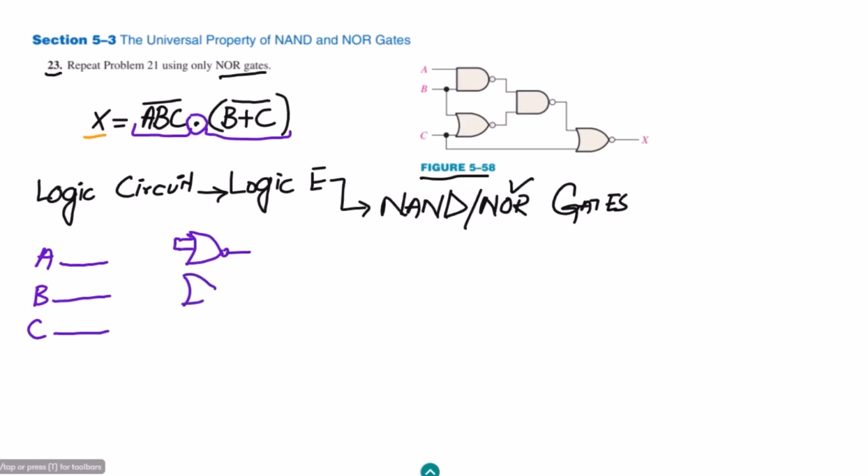Secondly, the second NOR gate with the 2 inputs combined together, and the third NOR gate with the 2 inputs combined together. These are then given to another NOR gate, which has 3 inputs. This will be connected here, this will be here, and it will be here as well.